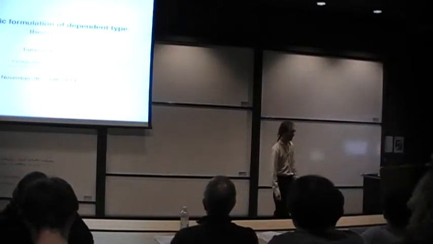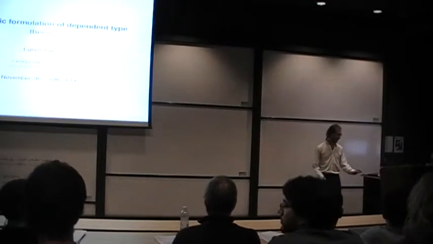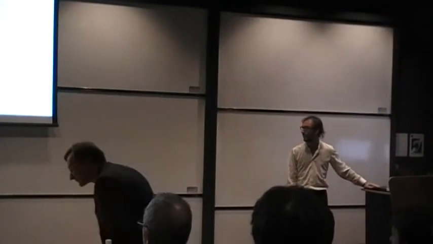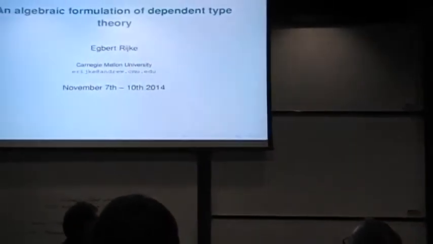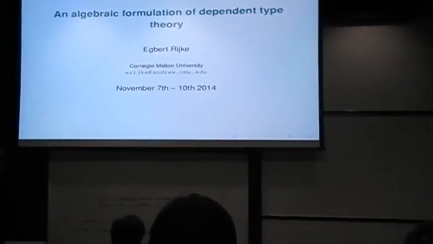Okay. Well, thank you very much, Vladimir, for having me. I'm going to speak about research that I mostly did last year, following on a theorem that I proved in homotopy type theory, which is called the descent theorem.